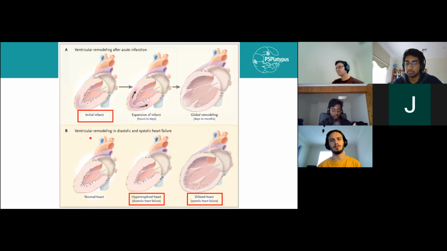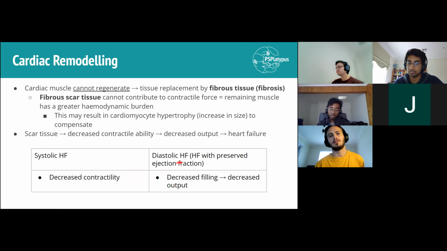So I said that heart failure is just when the heart is unable to pump blood properly. And if you look at the diagram on the bottom, the second heart here, which is a hypertrophied heart, you can see how the muscular walls are much thicker, which reduces the amount of blood that can be filled in the chambers of the heart. So since there's decreased filling, there's going to be decreased output, which is a form of heart failure.